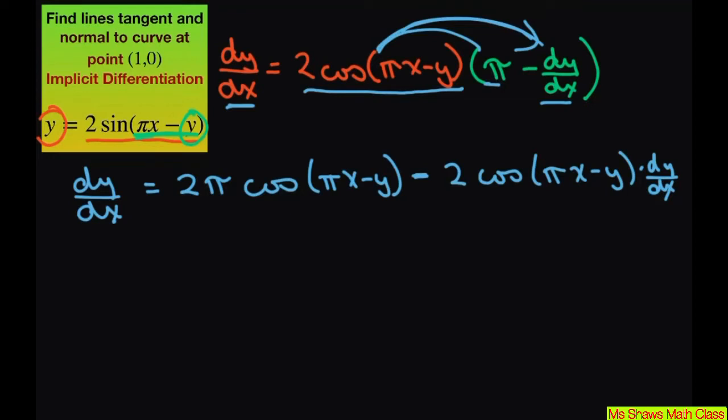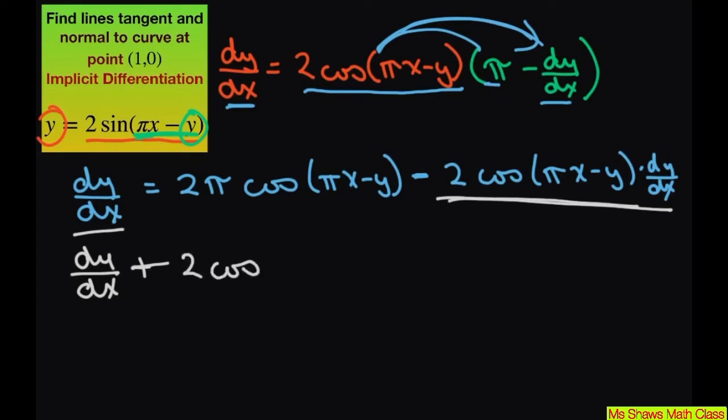Now, let's group our dy/dx's together. So I have dy/dx, and then we're adding this to both sides. So this is a plus 2 cosine (pi x minus y) times dy/dx.